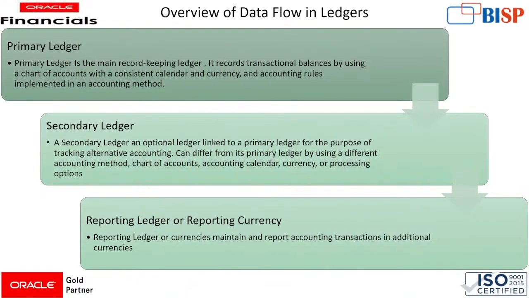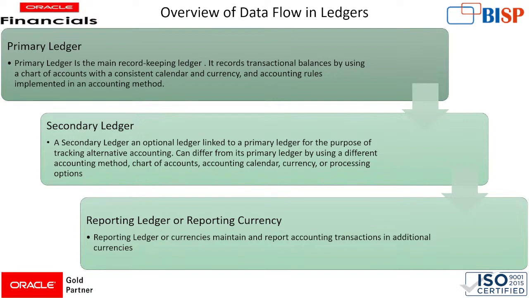Now the data flow in the ledgers: it will first go to the primary ledger, then move to the secondary ledger, and simultaneously to the reporting ledger, or reporting currency, right? So that will be the flow in the ledgers. This is basically a presentation overview of that data flow.